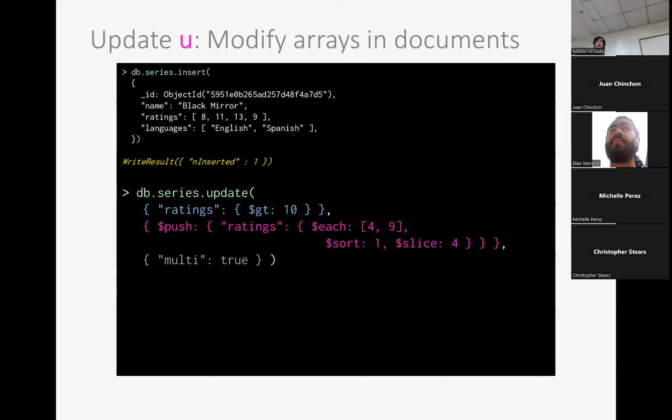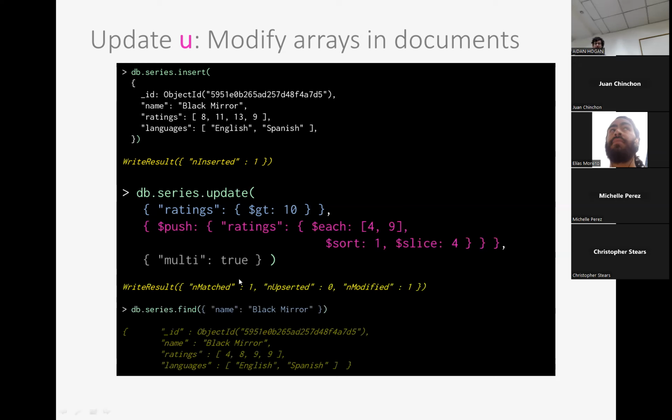So we first push 4 and 9. So we add 4 and 9 to the array. That's what this states here with the push. So the ratings, we add 4 and 9 here. We sort 1, which means sort ascending. So we get 4, 8, 9, 9, 11, 13, and then we slice 4. So we would expect to get 4, 8, 9, 9.